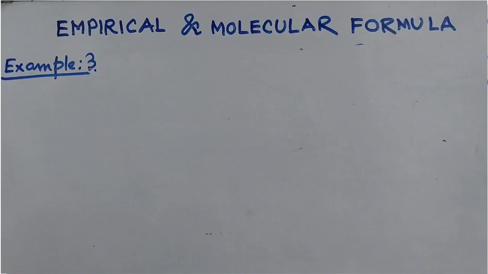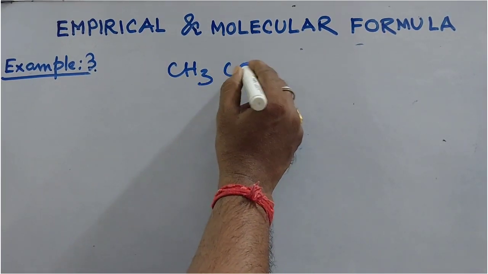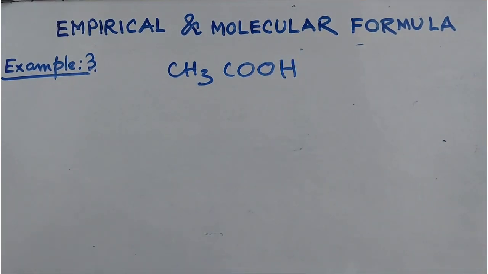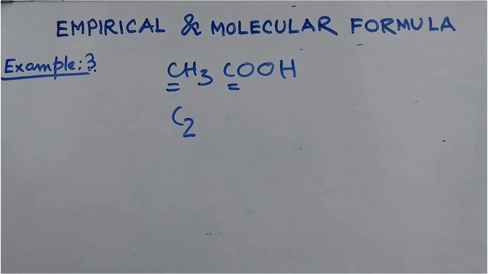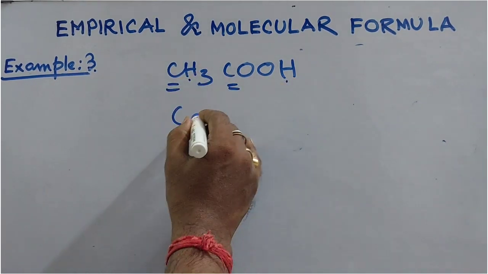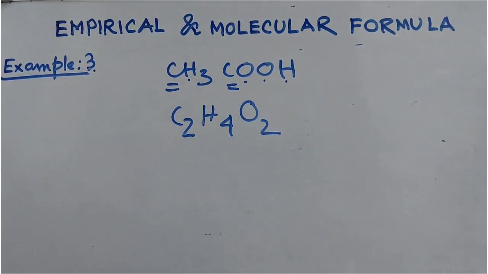The molecular formula of an organic acid is CH3COOH. A question: what is the empirical formula? Now, the total number of carbon in that compound is C2, the total number of hydrogen is H4, and the total number of oxygen is O2.